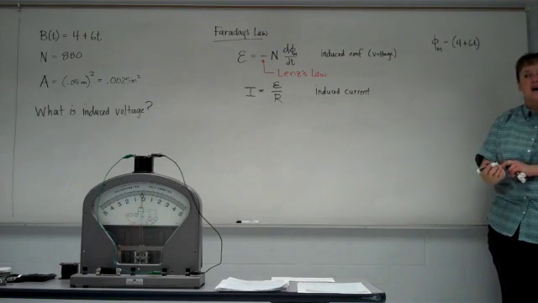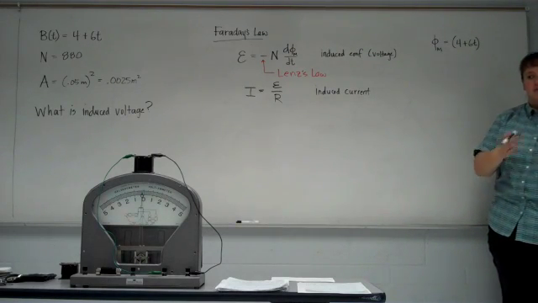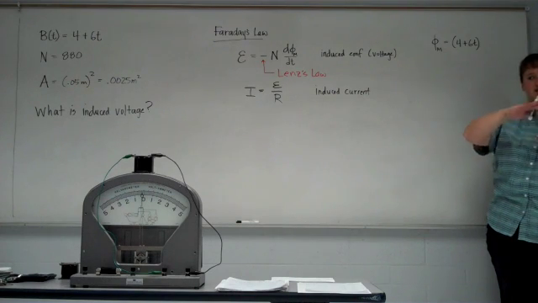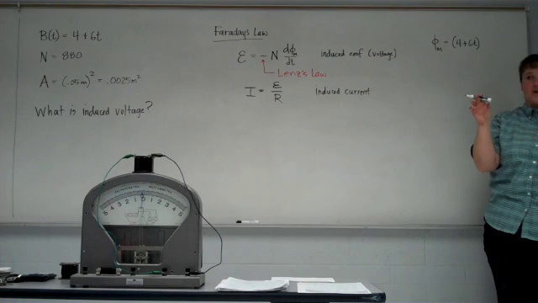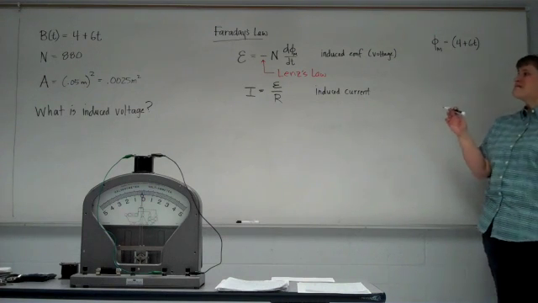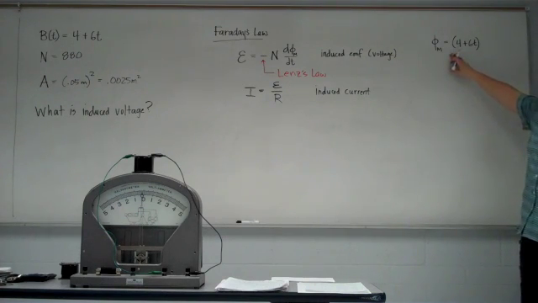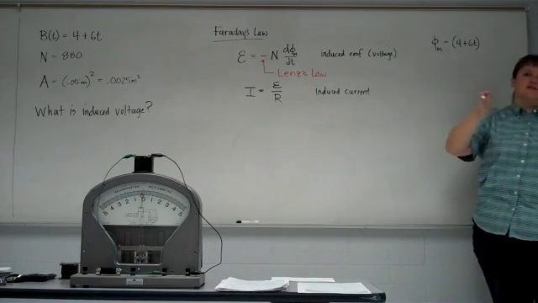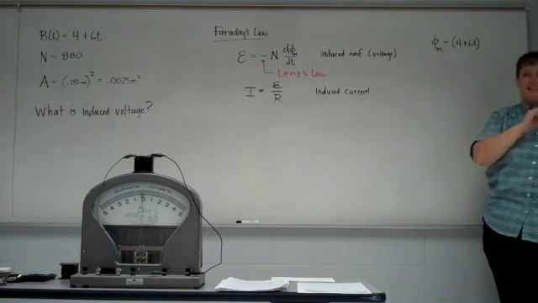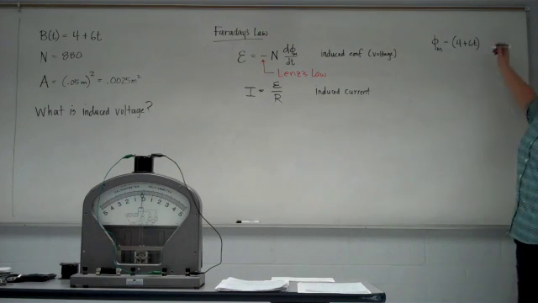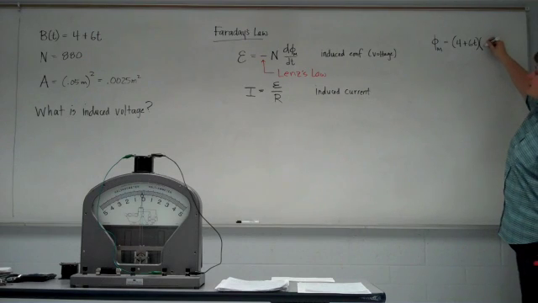It's changing with time, but we're assuming it's constant at any one instant in time, that it has the same value everywhere in that little square. The only time you have to integrate the flux is if the magnetic field has different values at different points at the same time. So here we're taking B times A.